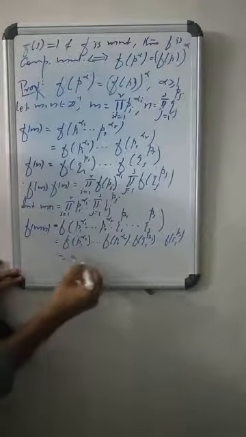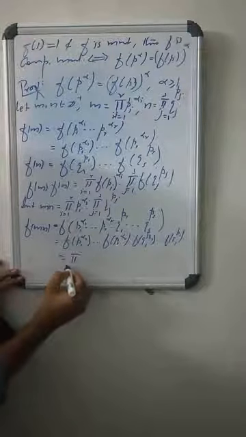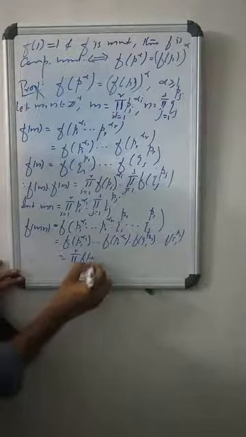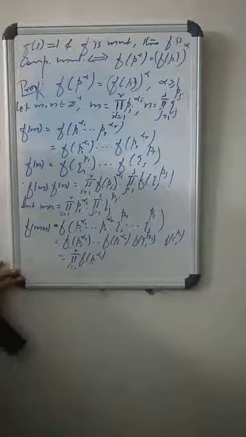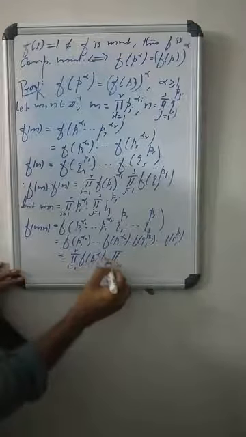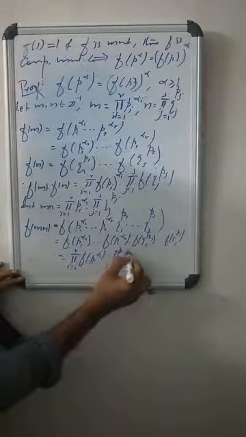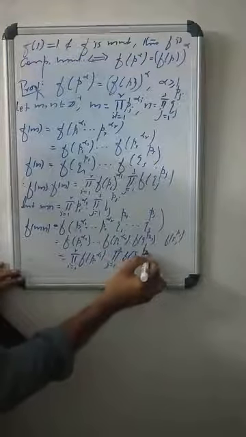That means it is nothing but the product over i ranging from 1 to r of f of pi power alpha i, into the product over j ranging from 1 to s of f of qj power beta j.